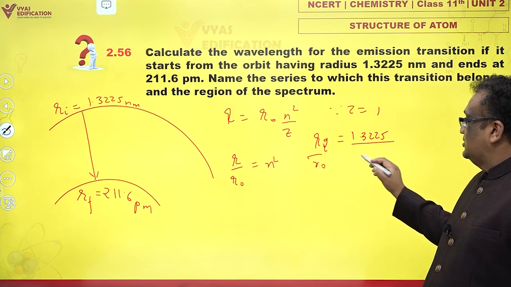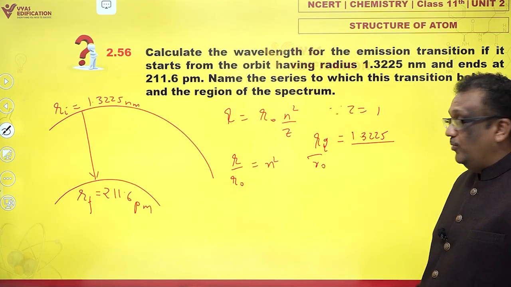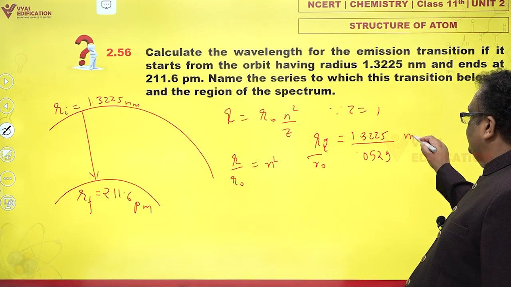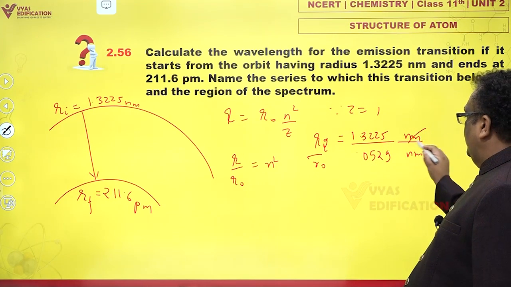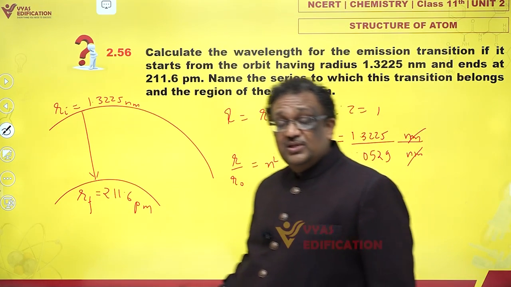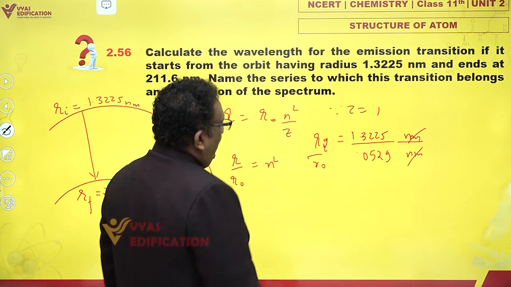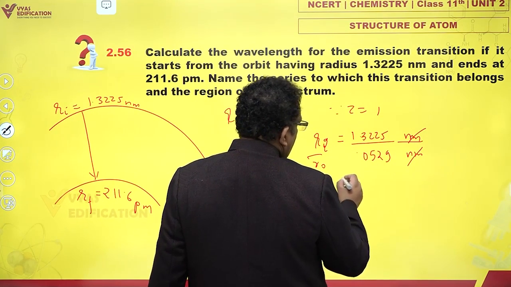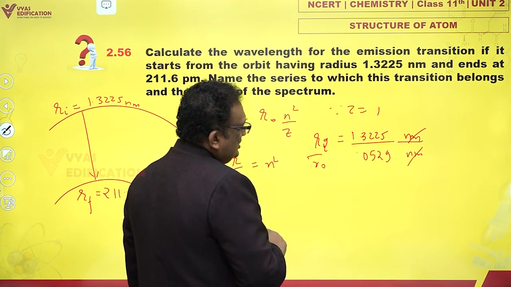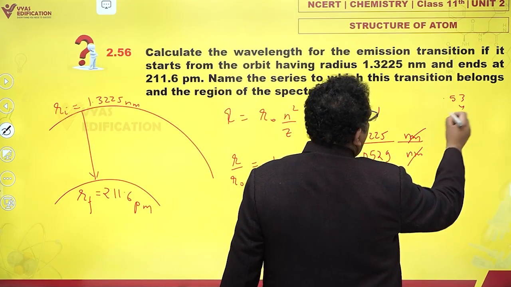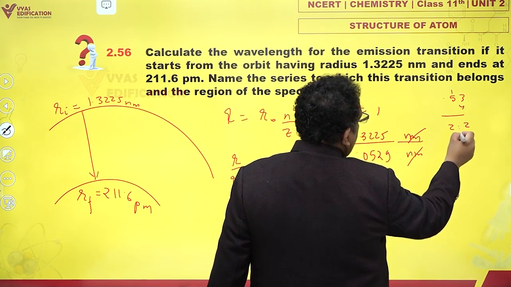R naught is 0.53 angstrom unit, or 0.0529 nanometers for hydrogen atom. 0.529 angstrom units is the radius of the first Bohr orbit. We use that. How much does that come out to be? Let me multiply 0.53 by 4.